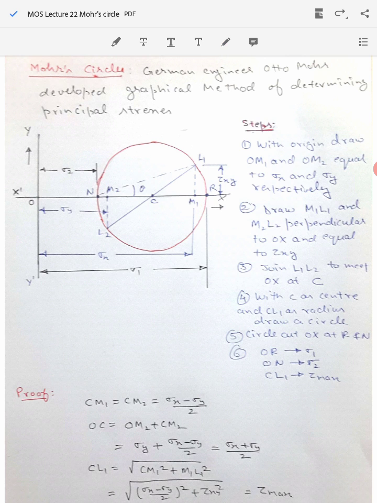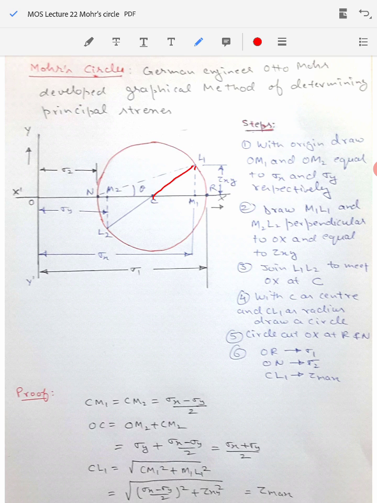So we have the point L1 here, we have the point L2, so we join them by a straight line, and this straight line will cut the x-axis at a point. We call this point where it cuts the x-axis point C. After this, we will take C as the center and choose CL1 as the radius.